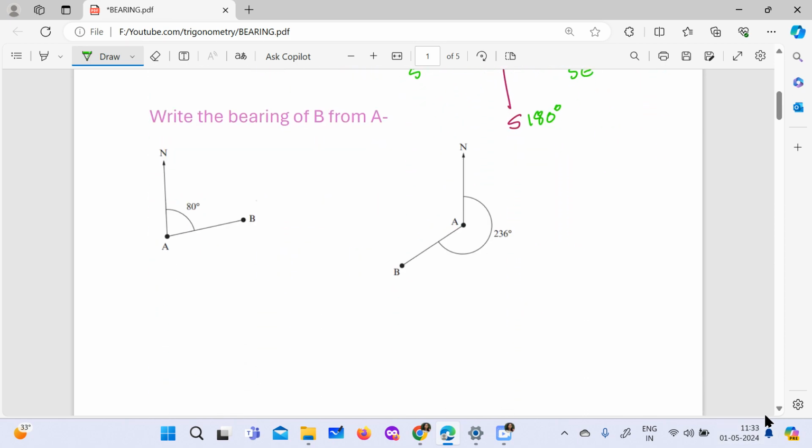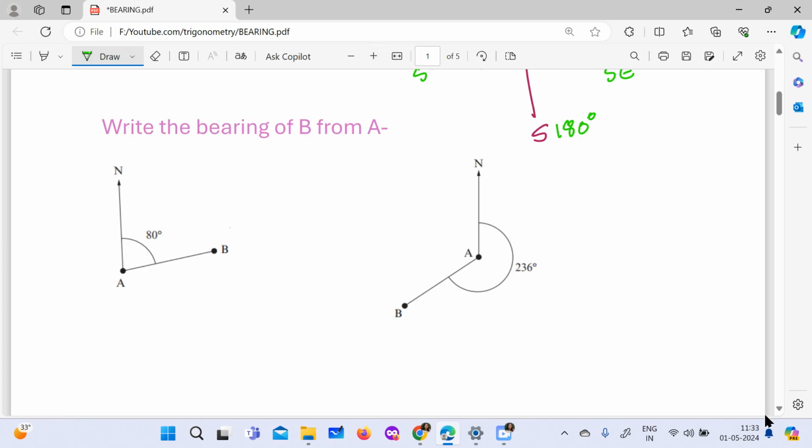Now let's see some very basic questions on this, what you have to know in bearing to start with the questions. The question is, write the bearing of B from A. You can also say this question as, what is the bearing to get to B from A?